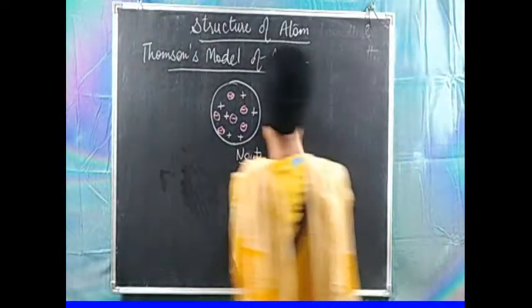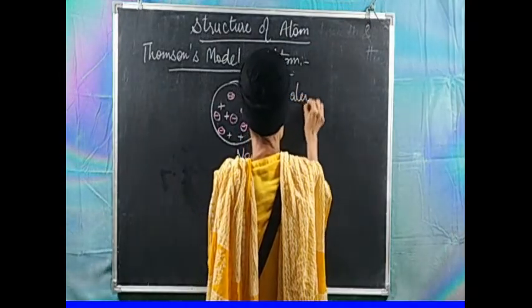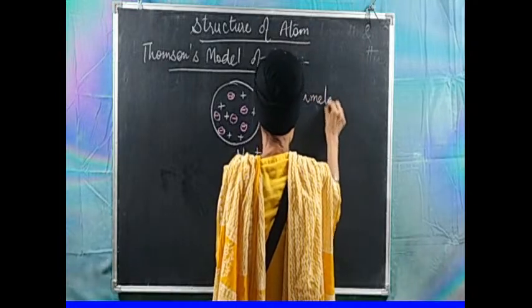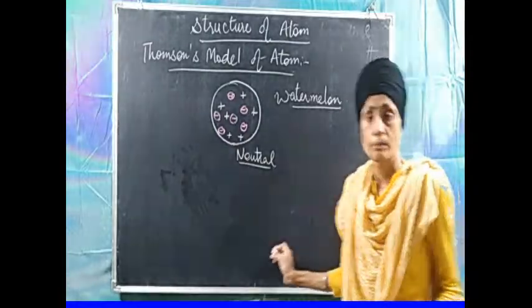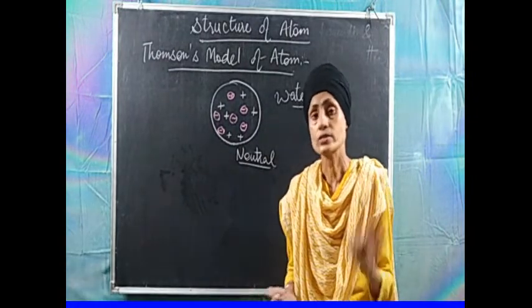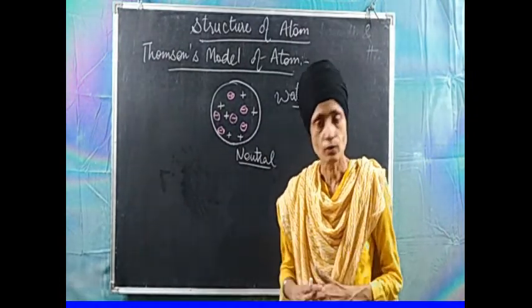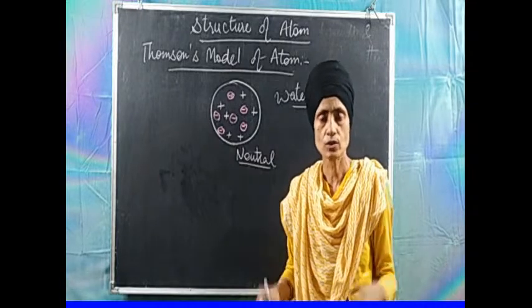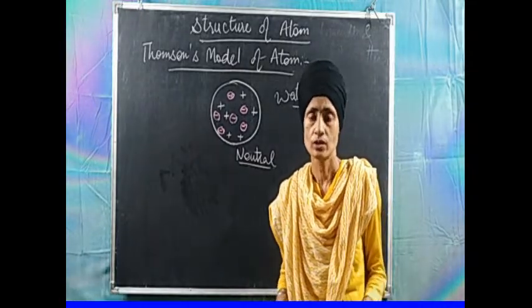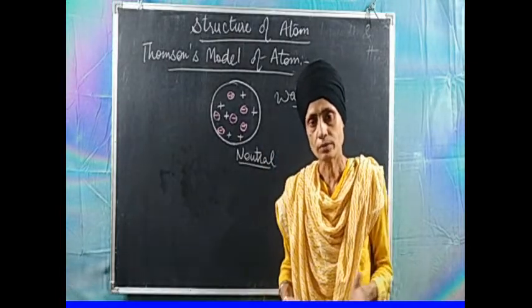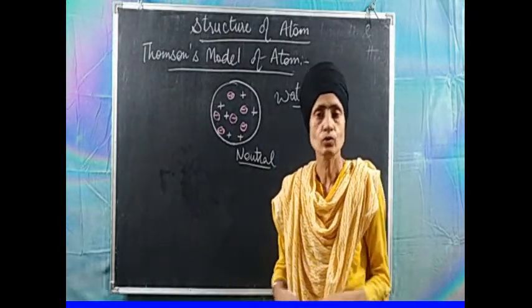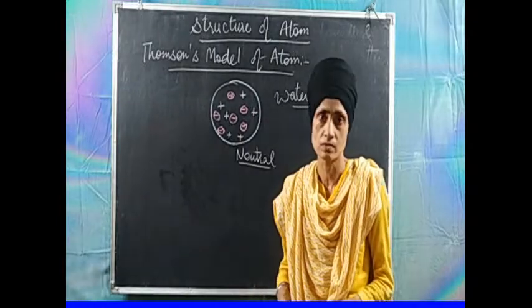Why do we call it a watermelon model? When you cut open the watermelon, black colored seeds are seen in the red edible part, and the seeds don't have any fixed position. When you cut open the watermelon, they are found here and there, you can't guess where the seed is.